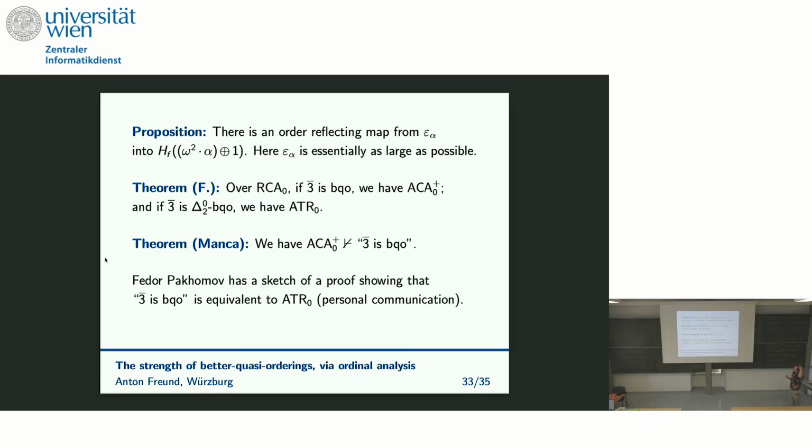Yeah, and so how can we improve on that? So David Manca showed that this first part of the theorem is not an equivalence. So ACA0 plus does not prove that 3 is bqo. It must be strictly stronger. And what he did was essentially iterate this HF construction. If we can briefly mention, you could think if you form all the hereditarily finite sets over something, and then take that as input and form the hereditarily finite sets again, nothing happens because you're already closed under taking finite subsets.